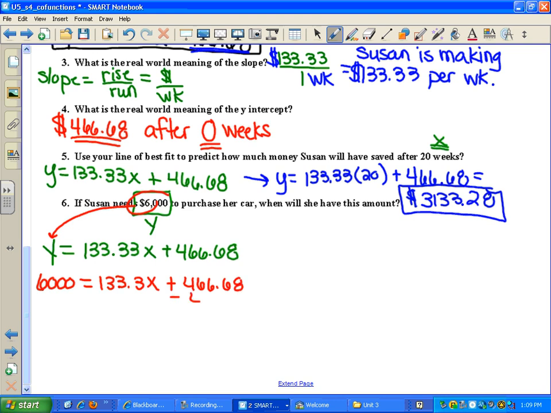So I'm going to subtract 466.68 from both sides. 6,000 minus 466.68 is 5,533.32 equals 133.33x. And now to get x alone, I'm going to divide by 133.33.